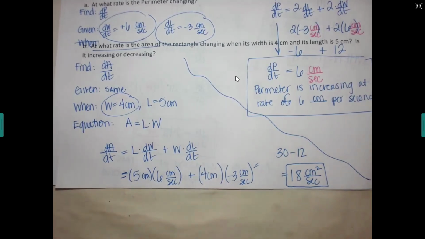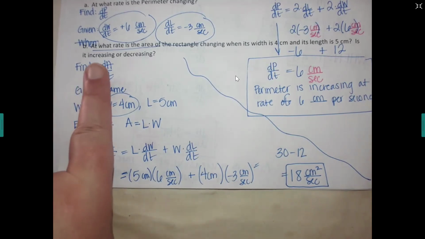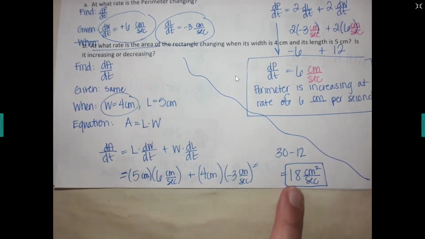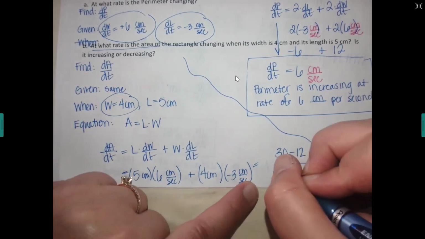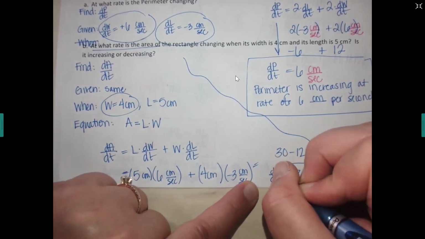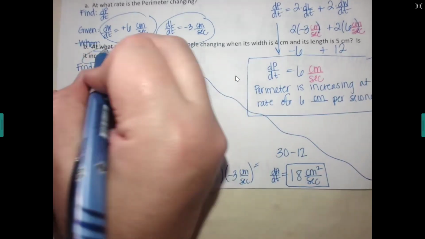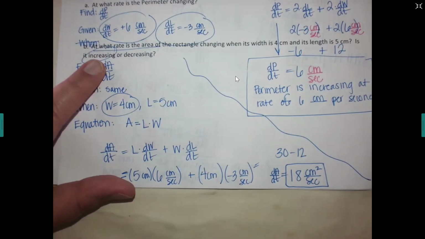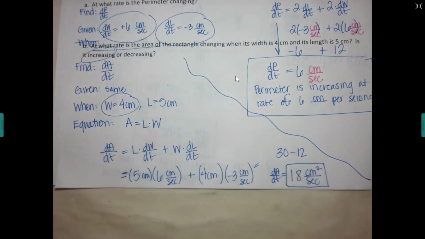Then it does ask you in this question at the end if the area is increasing or decreasing. So because this dA/dt at the end came out positive, we know that the area overall is increasing. If your rate comes out negative, that means overall the area is decreasing, versus if it comes out to be a positive number, overall it was increasing.